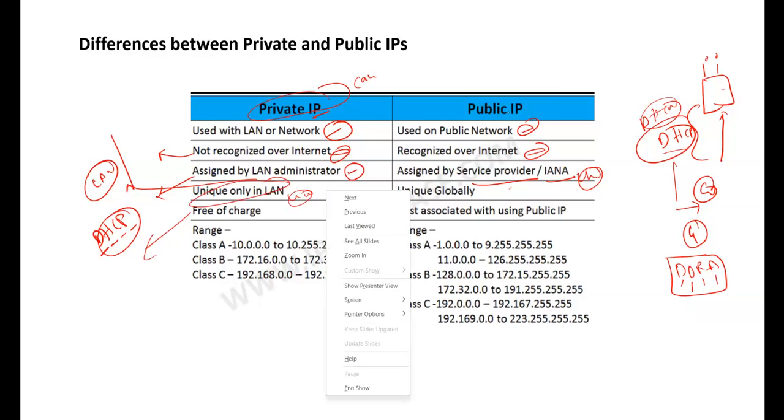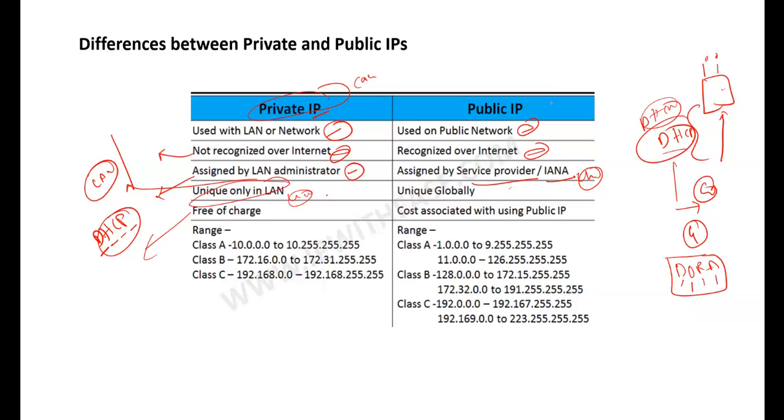Public IP addresses are unique globally, because we have IP addresses ranging from 1.0.0.0 to 255.255.255.255, and among them only some are private IP addresses, which are available to configure in internal networks.